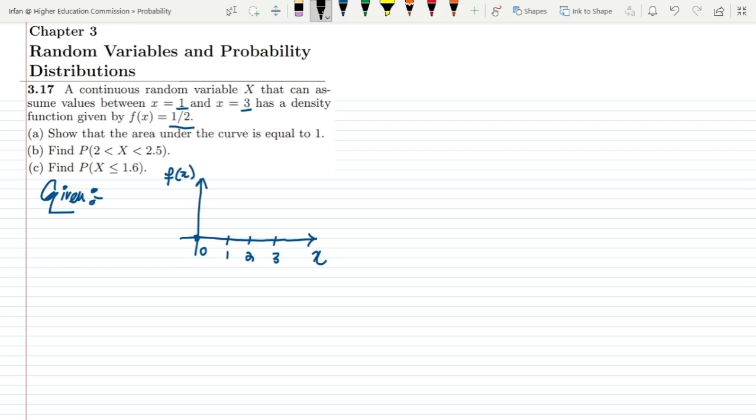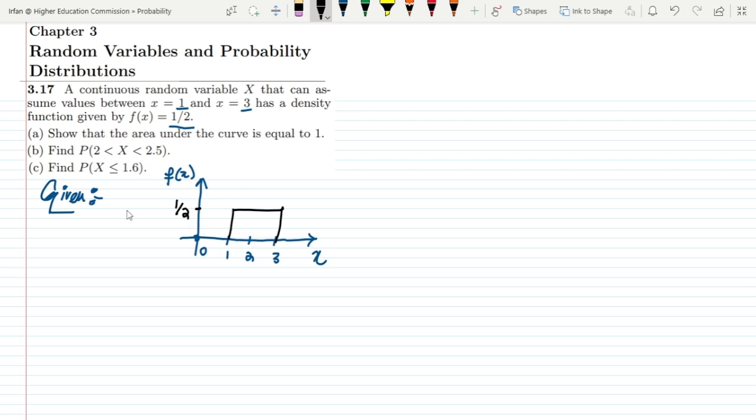Now in order to draw it, we have here this value 1 by 2. According to the statement, the values lie between 1 up to 3. As the random variable here is a continuous random variable, it will be a constant value, like this one. So this is the statement of our question.